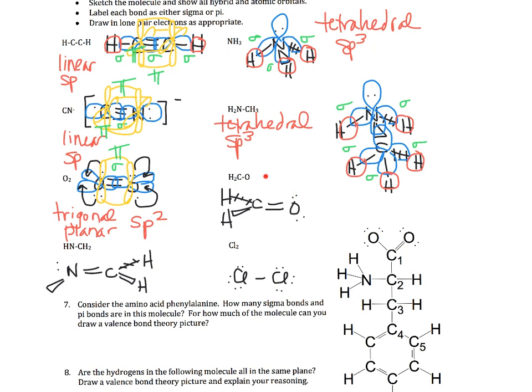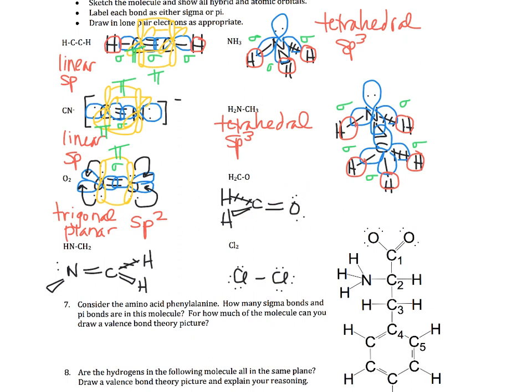If we look at this molecule here, we can see the carbon as the central atom has 3 regions of electron density. The oxygen, let's also look at that. That also has 3 regions of electron density. So each of these central atoms, and in the past we wouldn't have thought about the oxygen as a central atom, but we have to figure it out as a central atom because we've got to figure out what to do with those lone pairs.